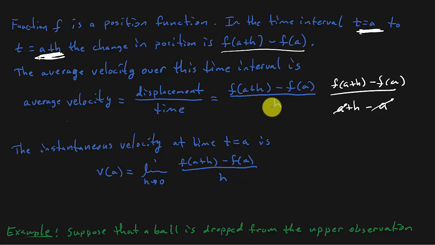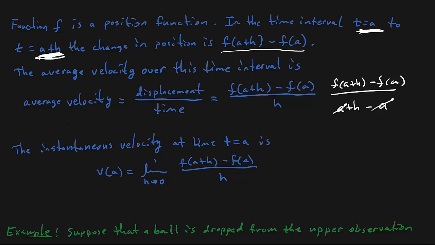The instantaneous velocity at time t equals a, v of a, is equal to the limit as h goes to 0 of f of a plus h minus f of a over h. You might be thinking this right here and this right here look the same, don't they?